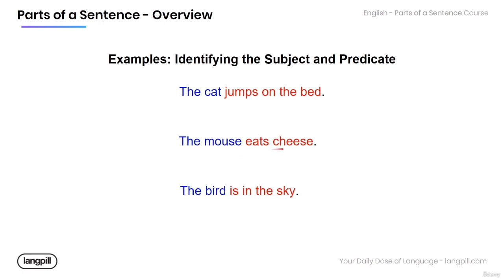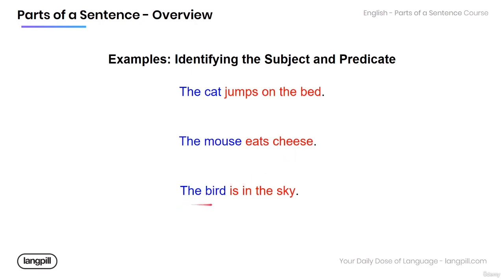The mouse eats cheese. Here the mouse is the subject, right? It's who or what the sentence is about, with eats cheese being the predicate, where eats is the verb and cheese is the object.